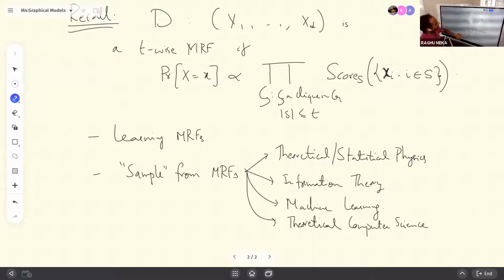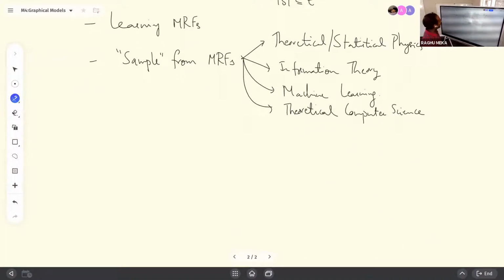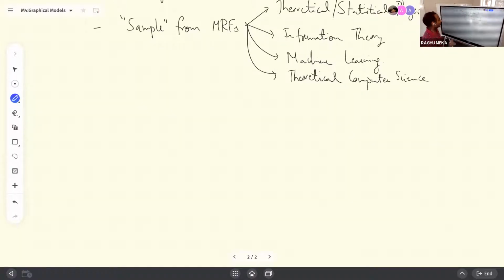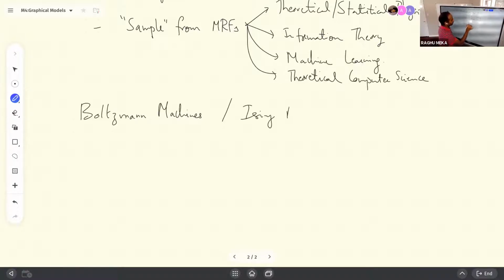Okay. All right. So just to get some intuition, and I think it's a very important case by itself, we'll study what are known as Boltzmann machines in the machine learning literature. And they are known as Ising models in physics literature. Okay.